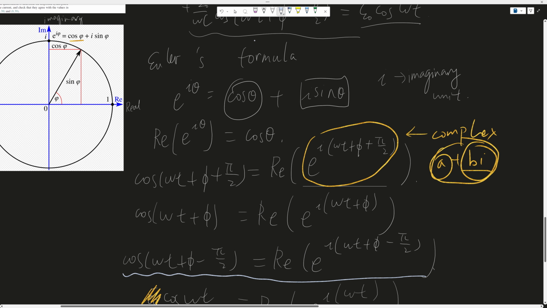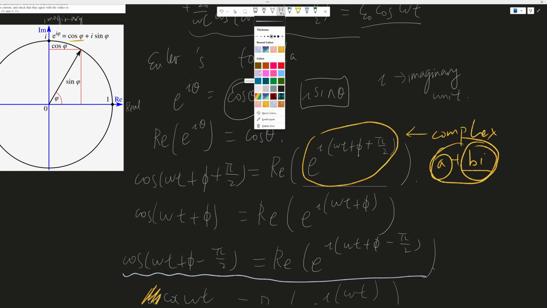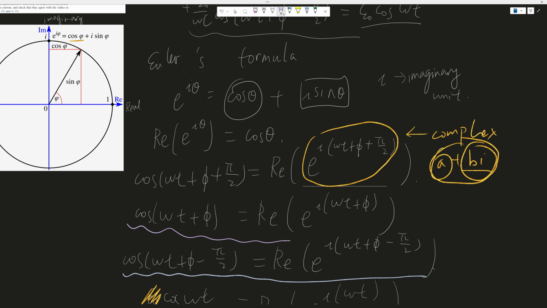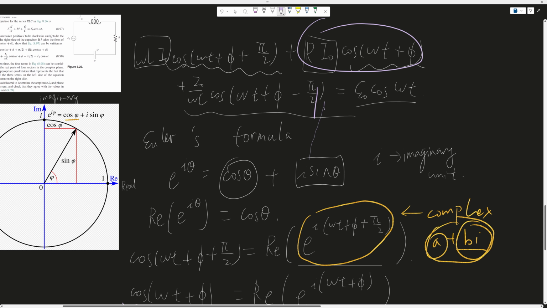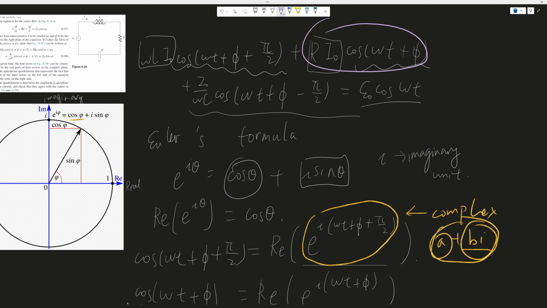And now let's look at our next term. For the next term, we have cosine omega t plus phi, which is the real part of e to the i times omega t plus phi. And it corresponds to this term here. Its coefficient is R I0. And so let's try to do that.